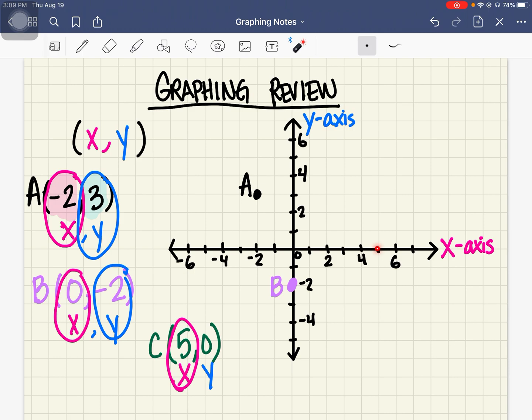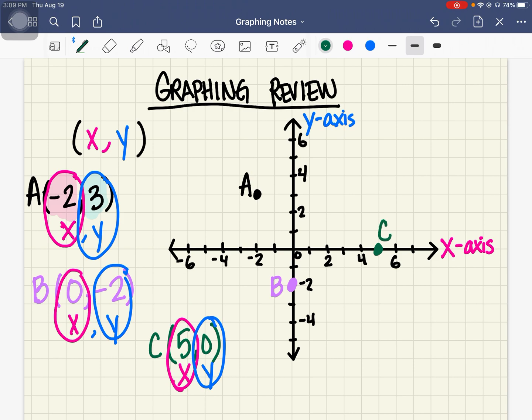It's between 4 and 6, so there's positive 5. And my y-coordinate is 0. So x is 5, but y is 0, which means I don't go up or down. It stays right here on this axis. So that's where that point goes. So this is where point C is.